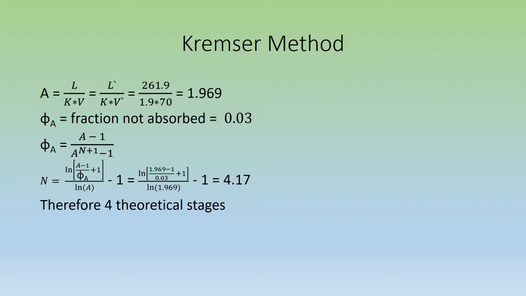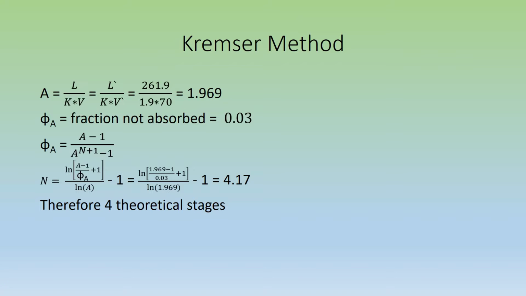So to use the Kremser method, we're just going to use A is equal to L over KV, where L is equal to L prime, which is the amount of acetone-free oil, and V is equal to V prime, which is the amount of acetone-free vapor, 70. So we get A is equal to 1.969.